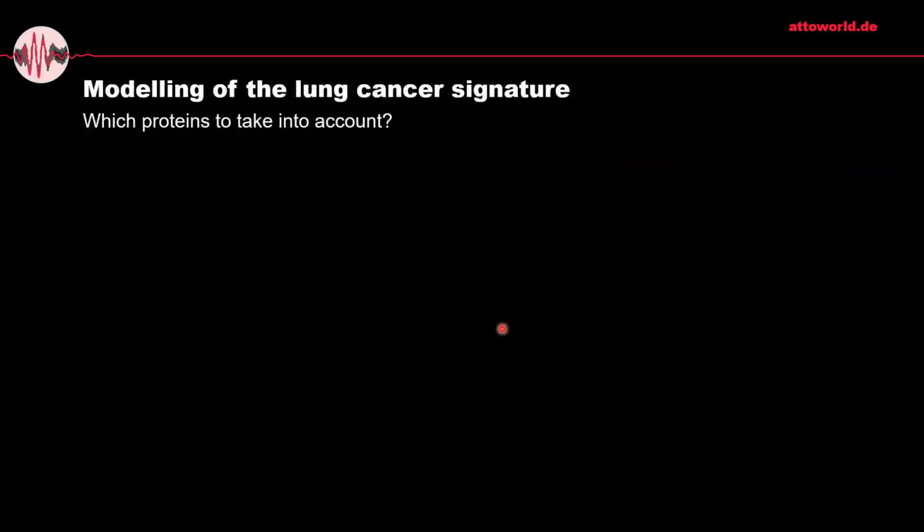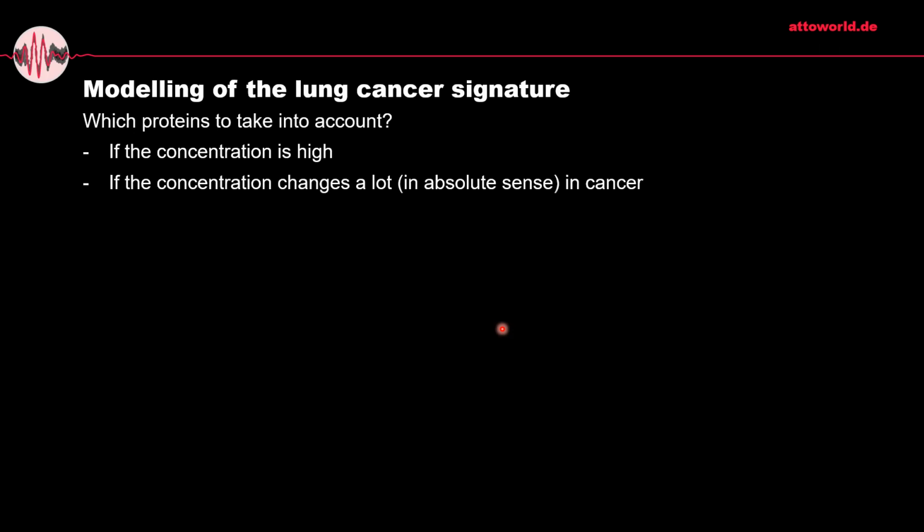The first question that we had to address when we looked at that list was which proteins are important for us, which proteins should we take into account? Because we do linear spectroscopy, the most important proteins are actually the most concentrated ones, the ones that are present in the highest abundances. What is also important are the proteins where the concentration changes a lot between cancer and controls.